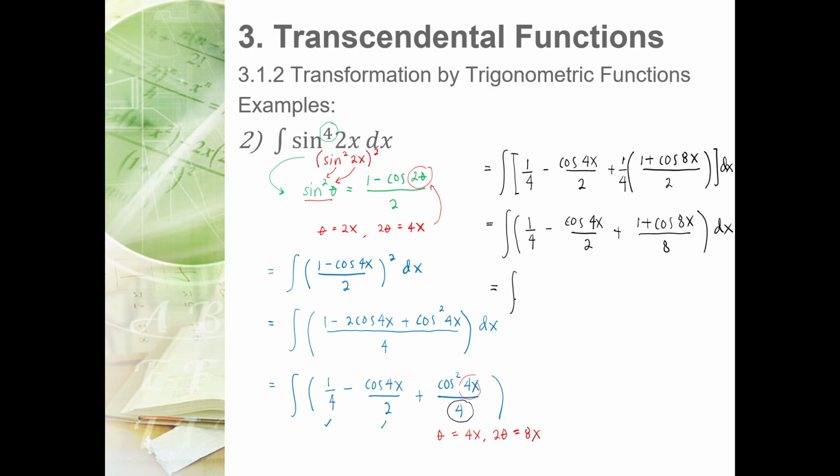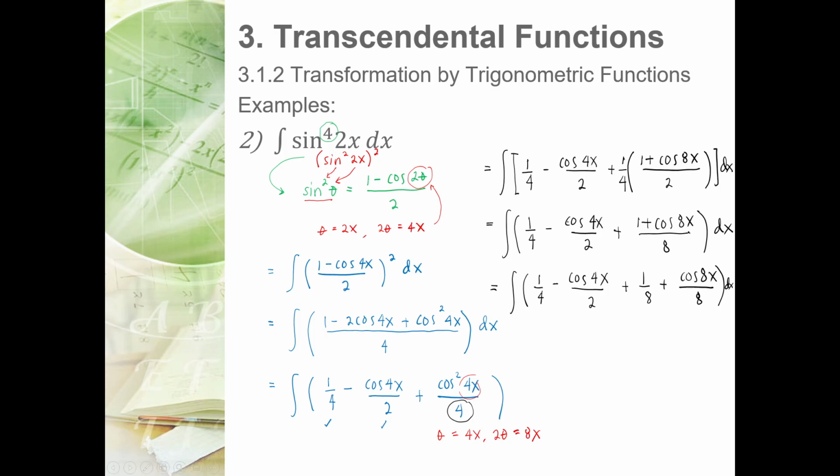So you can have it as 1/4 and then minus cosine 4x over 2, then plus 1/8 plus cosine 8x over 8, and then dx. So 1/4 plus 1/8.